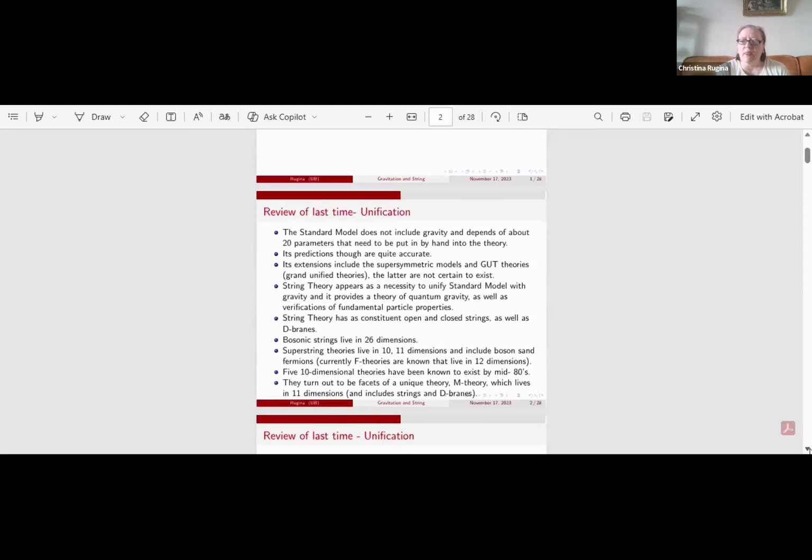So last time, we noticed that one goal of string theory was to unify all the theories in physics somehow, and that it occurred because of the tensions between general relativity and quantum mechanics.